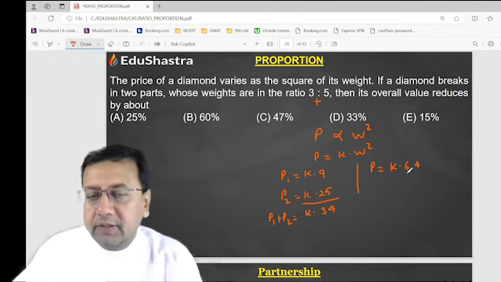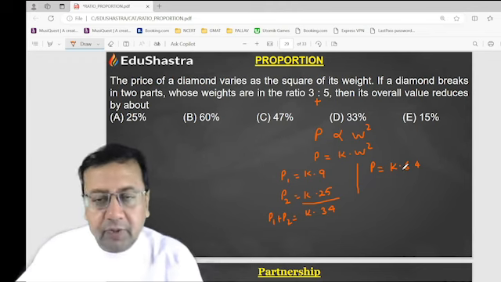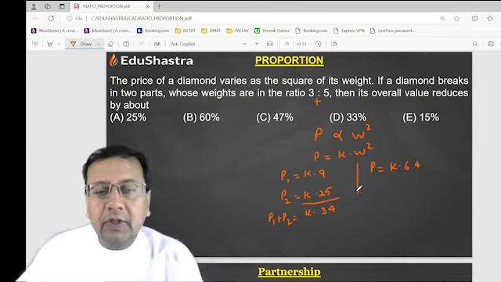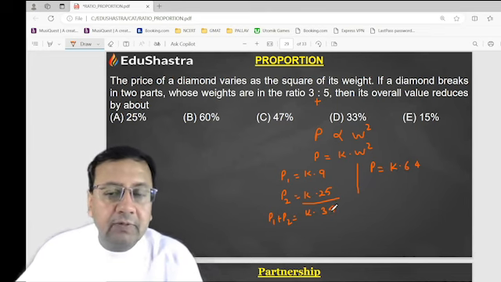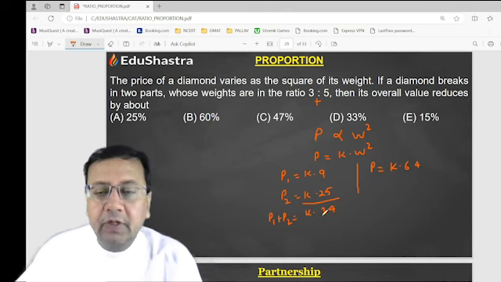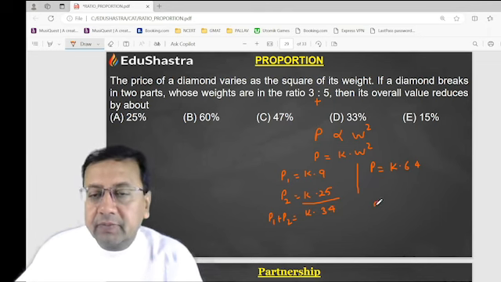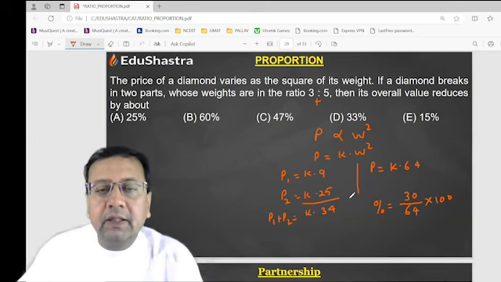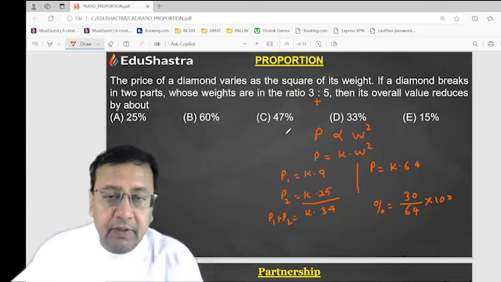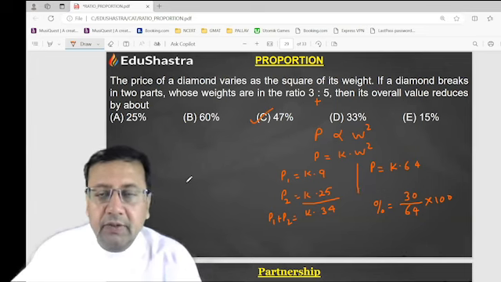Initially 64K is the price of one piece and then it is broken down in two pieces, the total value is coming out to be 34. So how much is the reduction? That is 30 on a base of 64, into 100. So this will be a little less than 50%. So answer is the third option.